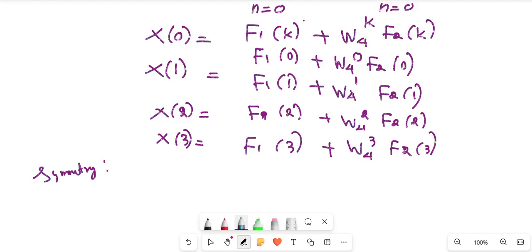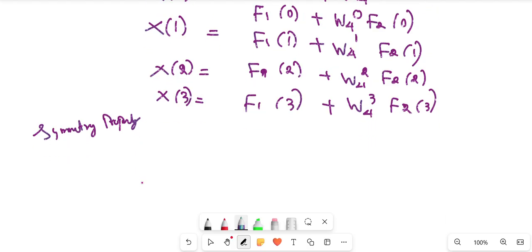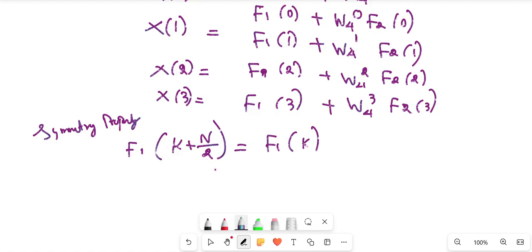So what is the symmetry property now? The symmetry property says that F1 of k plus N/2 is equal to F1 of k. Similarly, F2 of k plus N/2 is equal to F2 of k. So for N equal to 4, take k equal to 0.